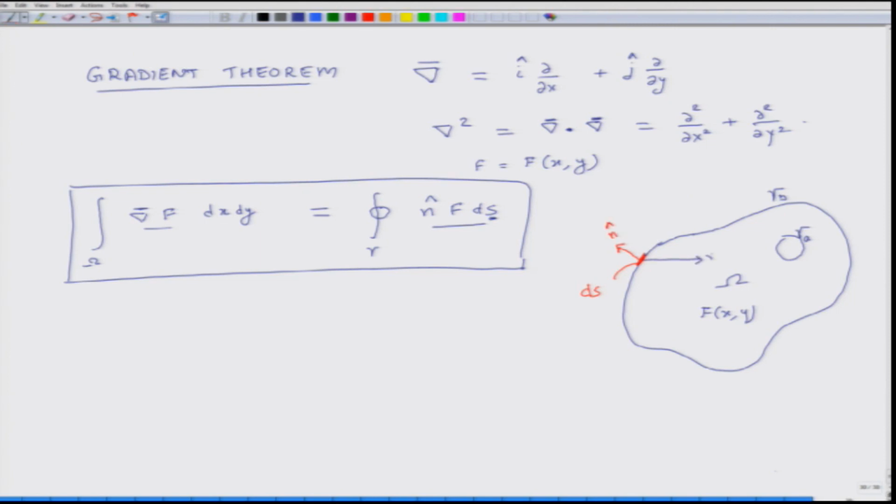Let us say this is my x direction, this is my y direction, and the normal is in this direction. Associated with the normal is a direction, and let us say this angle is theta. So, n is equal to cosine of theta i plus j times sine of theta.